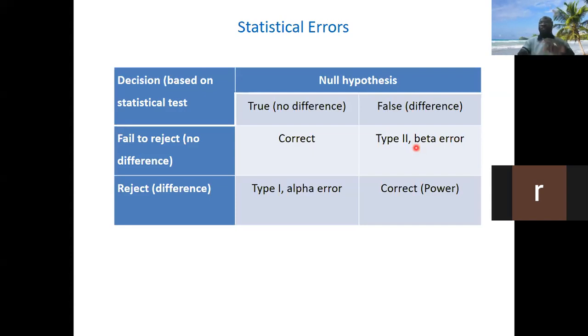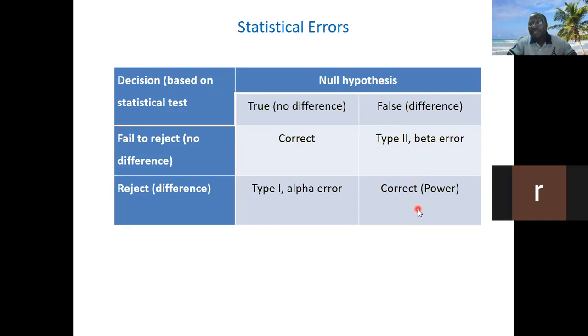Now, I want to start with beta error. You will see the relationship between beta error and power. If you tabulate on this table, you add beta error, type 2 error, and power to make 100%. So if your error is 20%, your power will be 80%.